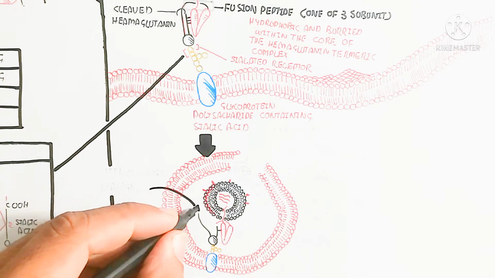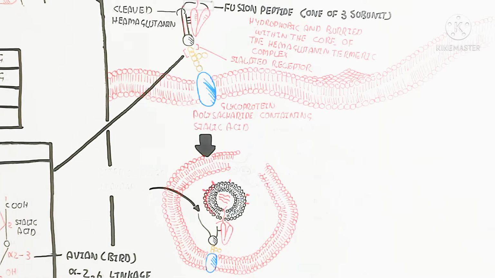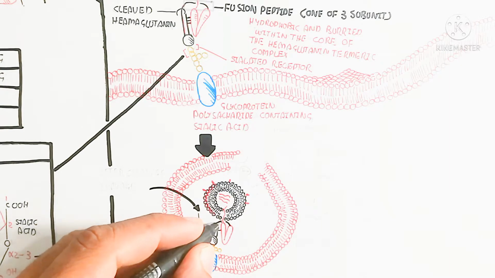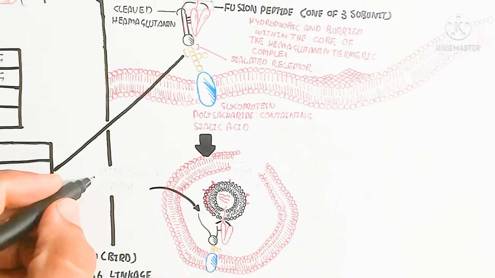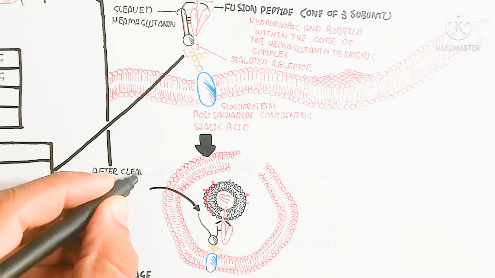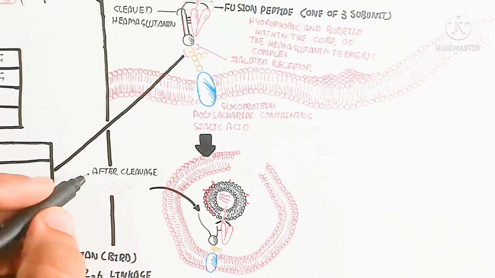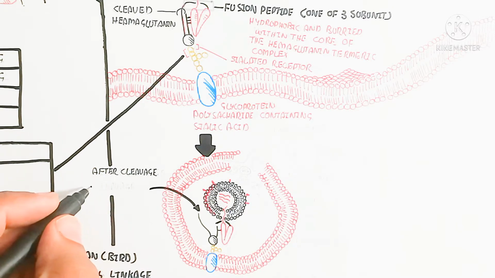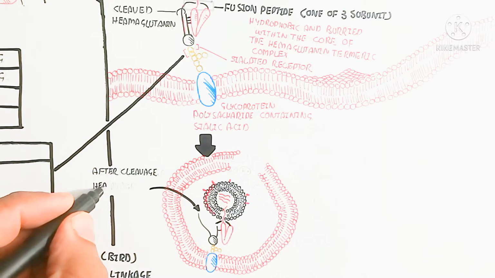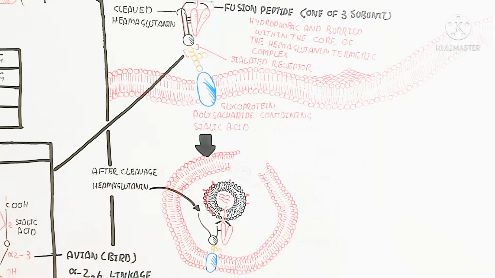Endocytosis will occur after the binding, and after the binding the hemagglutinin is cut and endocytosed, and this is known as the endosome. The endosome formation will occur in the cytoplasm of the upper respiratory cell.